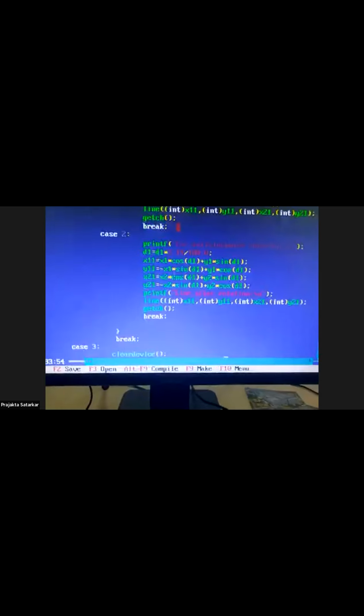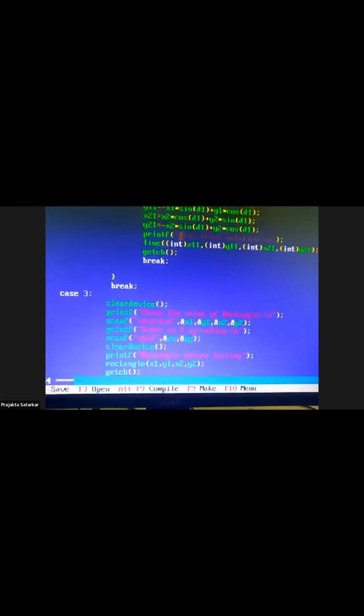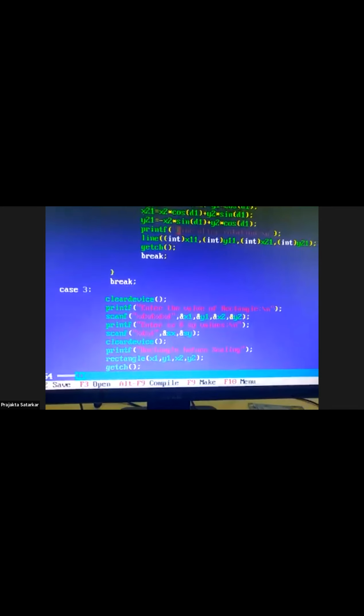Okay, so the choice for scaling is case 3, you can see here. In that case 3, first you have to enter the rectangle coordinates.